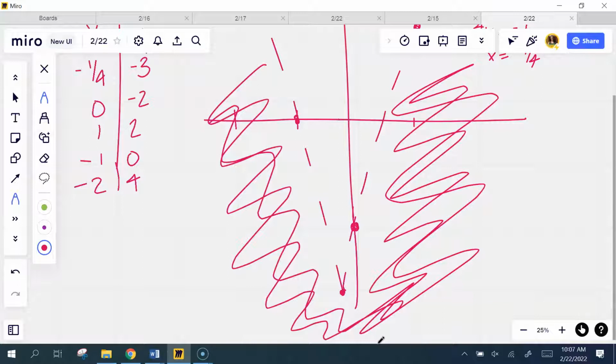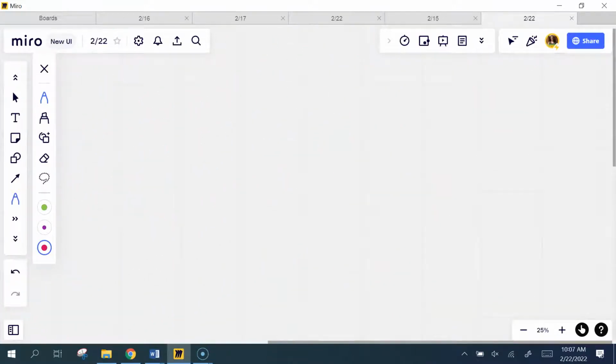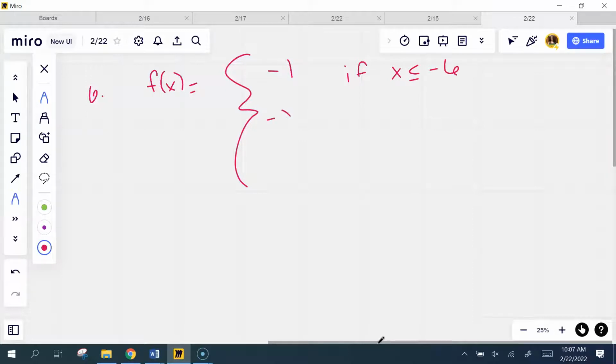Number 6. This is the piecewise. Is that the one you're talking about? F of x equals negative 1 if x is less than or equal to negative 6, negative x minus 4 if x is between negative 6 and 0, and absolute value of 2x minus 5 if x is greater than 0.